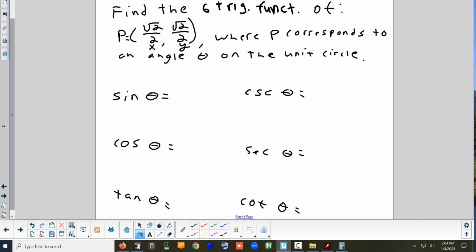Let's start with sine. Nyasha, what is my formula for sine? We're looking for a single letter.